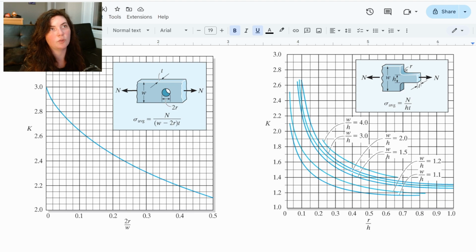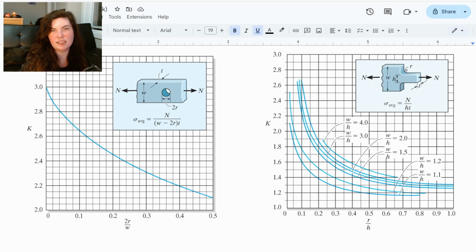The one on the left is for a hole. The one on the right is when we have that drastic change in area. And we can use these to find our stress concentration factors as ratios of those particular attributes, right? So the ratio of the radius to the height, for example, or 2r over w, we can find on this left-hand side graph, and we can use that to find our K value.